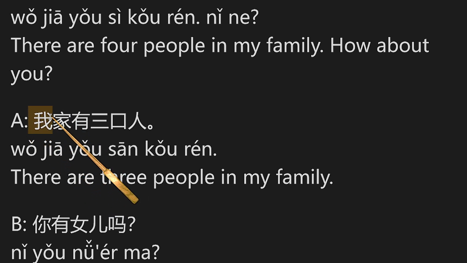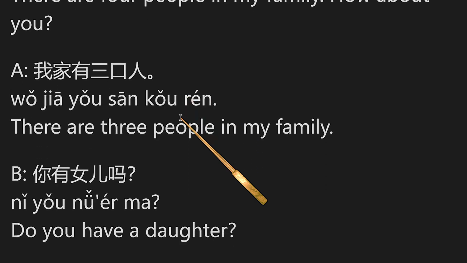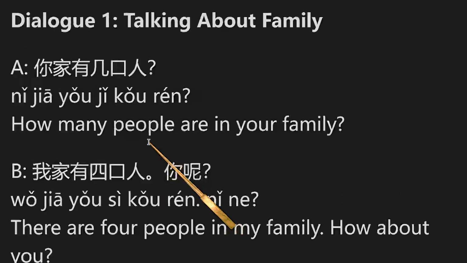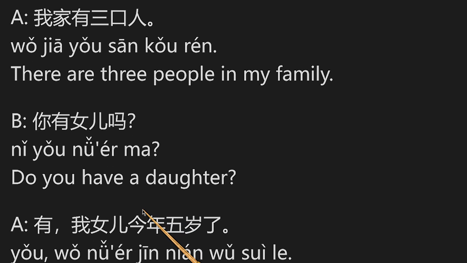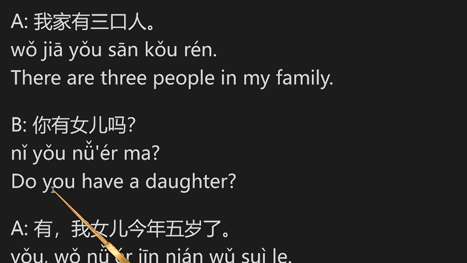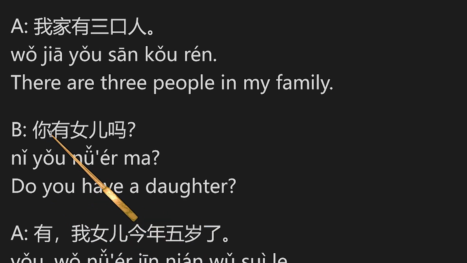我家有3口人。Just don't need to rise again. We need to see the difference between, for example, 是 and 有. 有 starts much higher. And what does he answer? Do you have a daughter? 你有女儿吗？女儿 is a daughter.